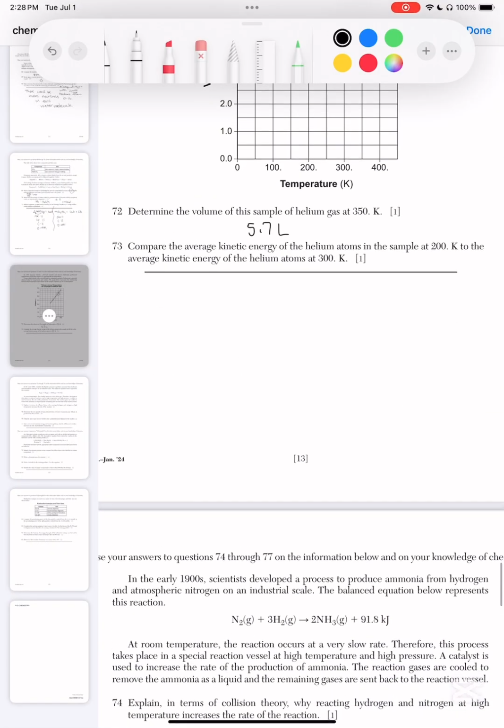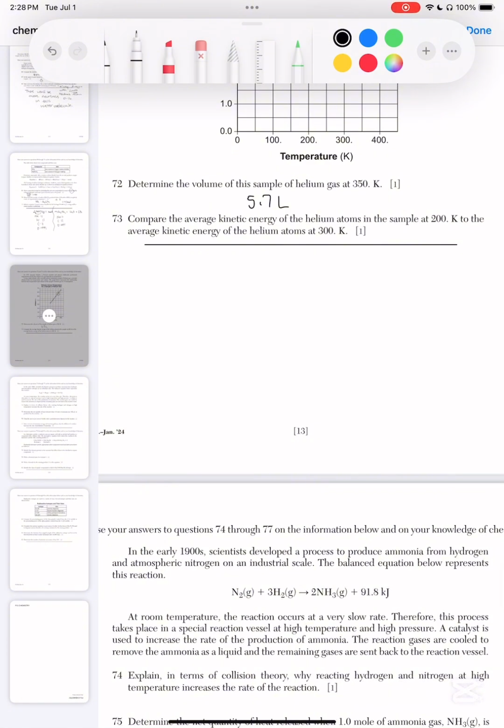Okay, so coming back to number 73, compare the average kinetic energy of the helium atoms at 200 Kelvin to the average kinetic energy of the helium atoms at 300 Kelvin. So average kinetic energy is basically synonymous with temperature. And as we know, 300 Kelvin is warmer than 200 Kelvin.